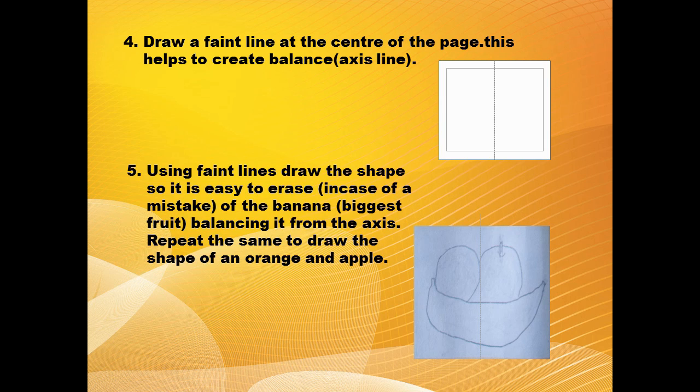And step number 5, using the faint lines, you can draw the shape of the banana or the bigger fruits, and you should balance it from the axis. You should repeat the same to draw the other shapes of the fruits.